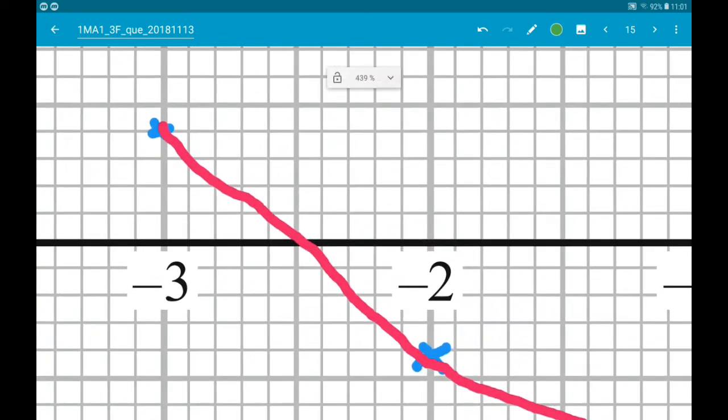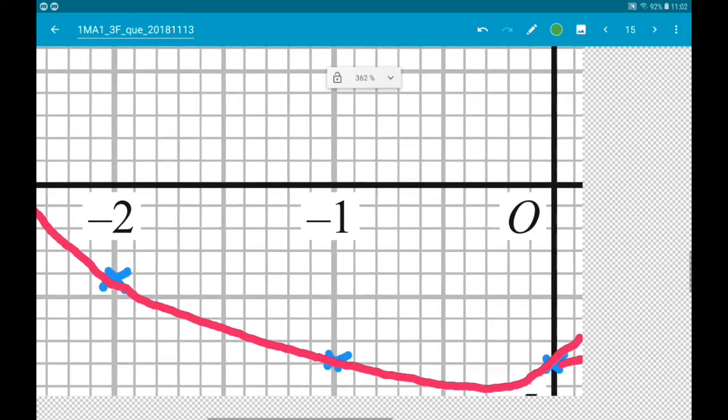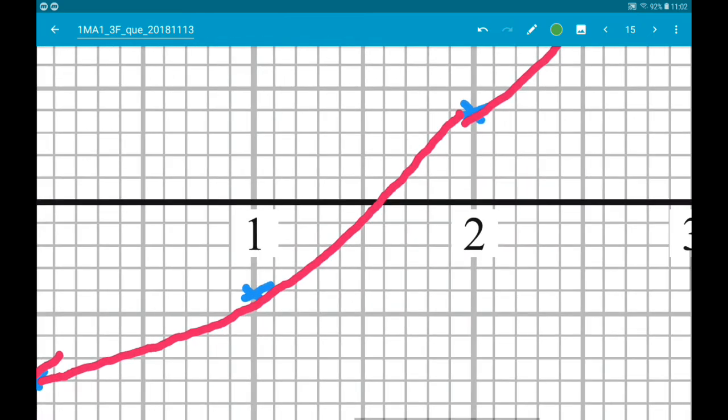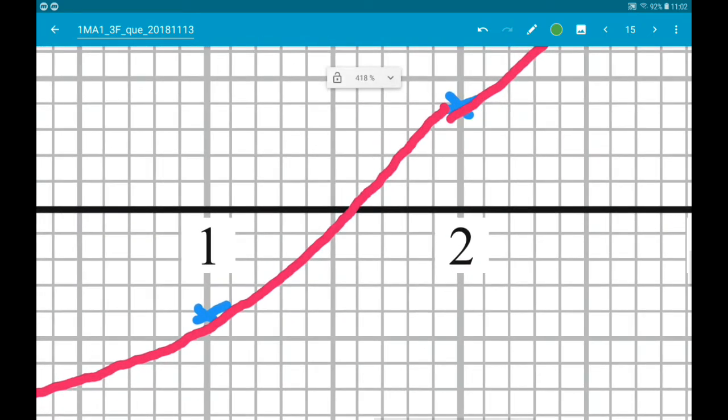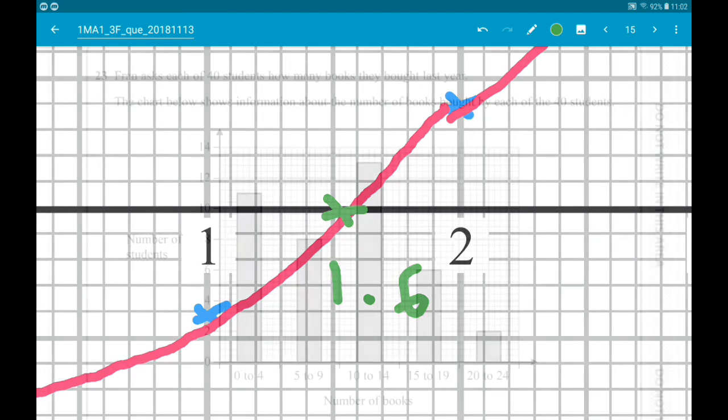We're going to get this guy, which is about minus 2.6, and we're also going to get this guy over here, which is about positive 1.6. So those would be the 2 answers for part C.